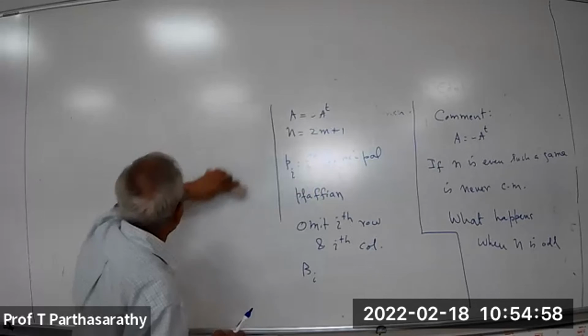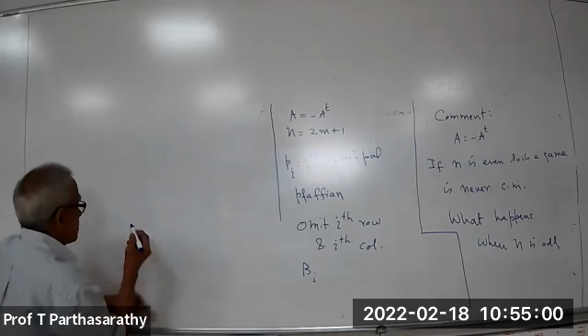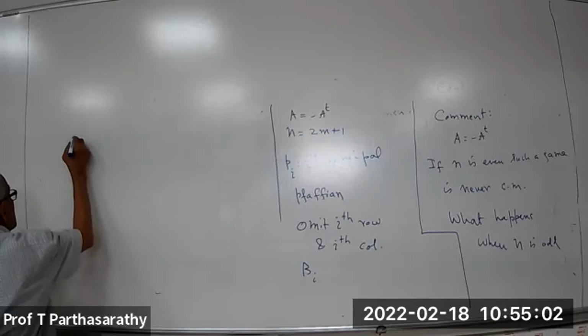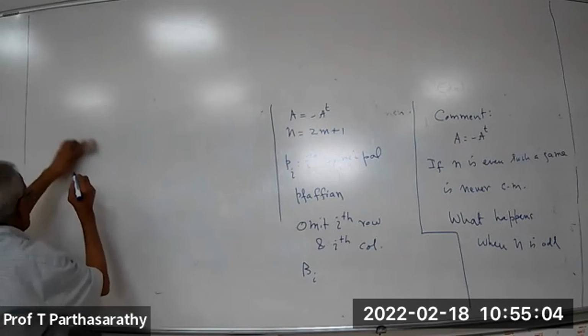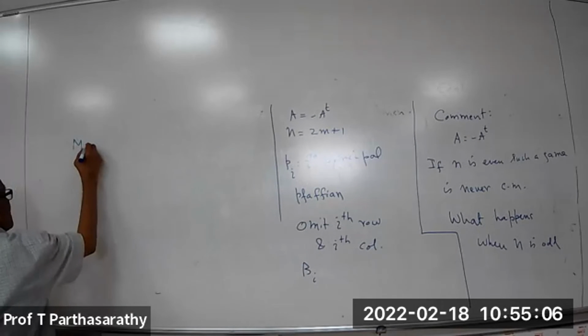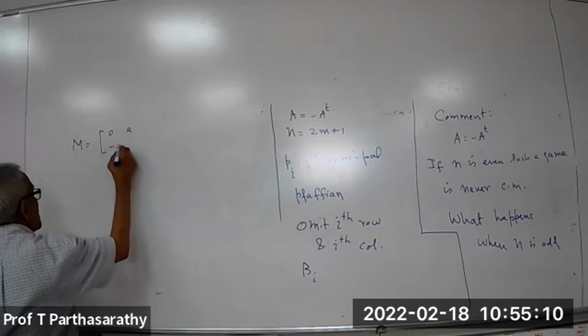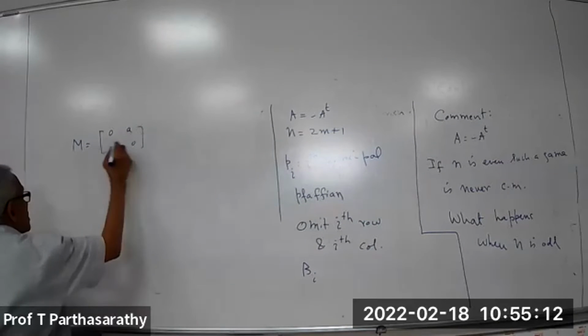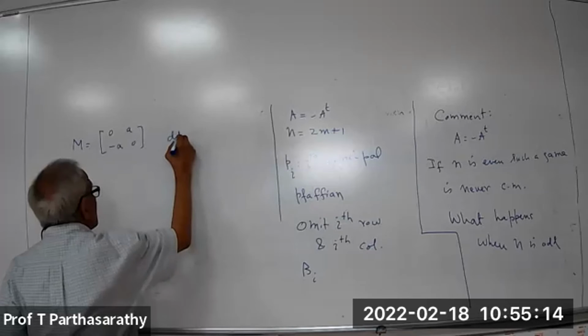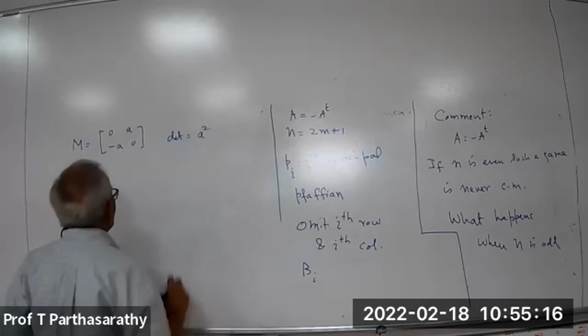If it is a 2 by 2 matrix, suppose M is 0, A, minus A, 0. What is the determinant of this? The determinant of this is A square.